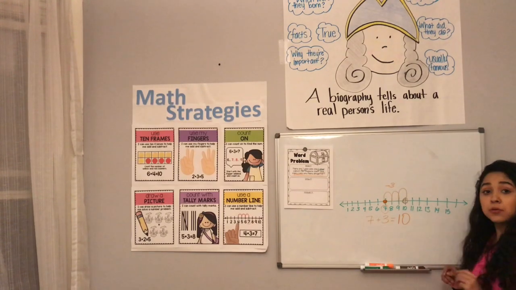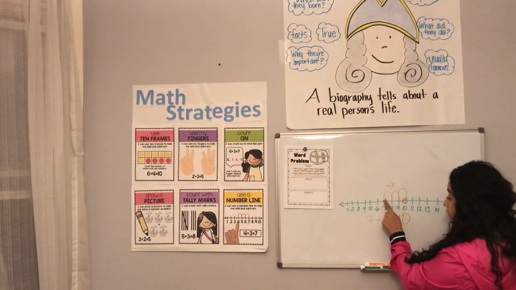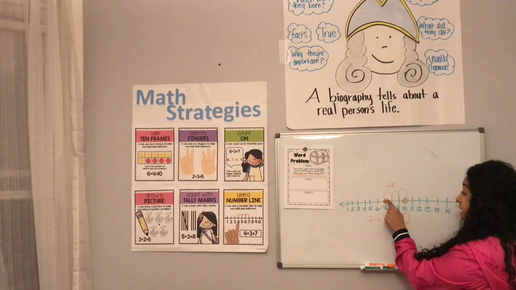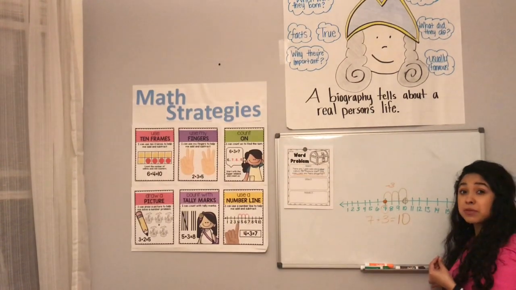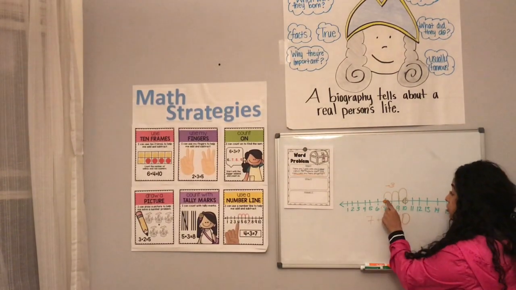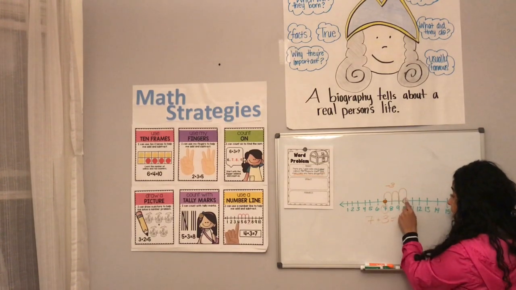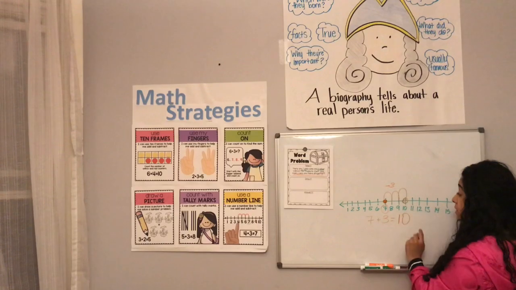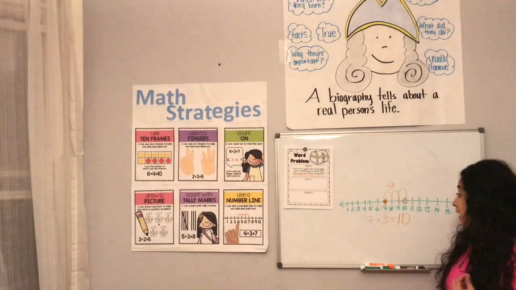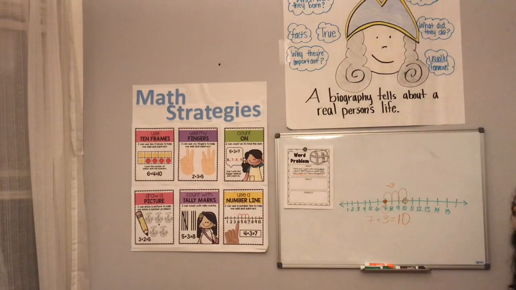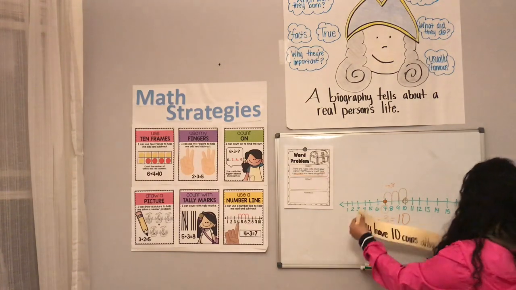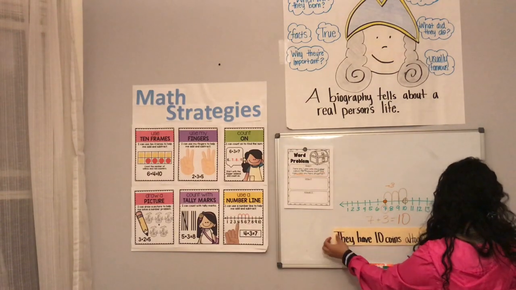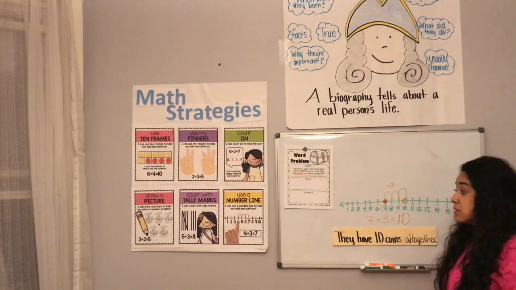You notice when I first started at the number 7, I put a really dark dot down there to help me remember that I was at the number 7. And then I jumped 3 spaces and I drew an arrow and drew an open circle to know that I landed on 10. And the last thing I need for this is my full sentence. So I need to write my full sentence. They have 10 coins all together.